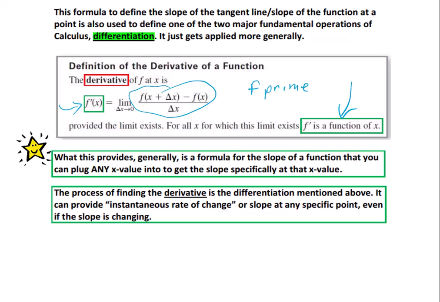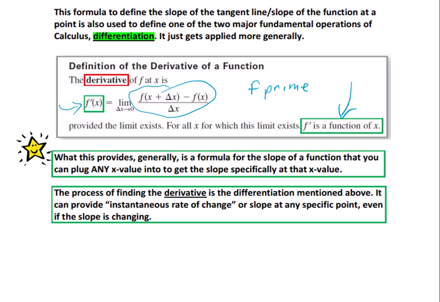Keep that in mind. So I've got my green boxes down here at the bottom with a star, which sort of indicates these are pretty important. By finding the derivative of a function, I can get the slope at any place on that curve. No matter what the x value, I can plug that x value into my derivative function, f prime, and get the slope.